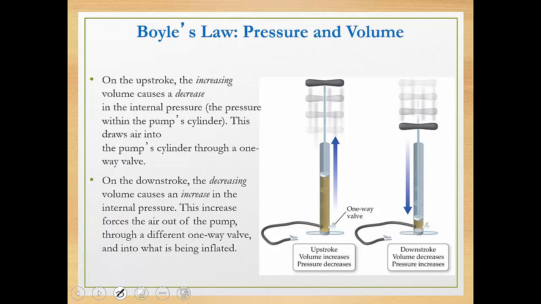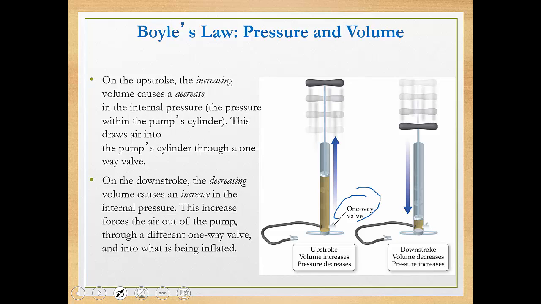Another example that they give in the book is that of an air pump, like you would use to inflate a bicycle tire. On the upstroke, as you pull up on it, the increasing volume causes a decrease in the internal pressure inside of the cylinder. If there is a decrease in the pressure, there's a valve down here that allows air to come in.